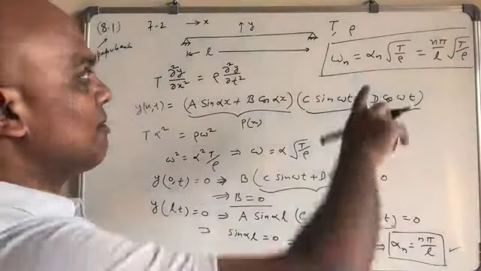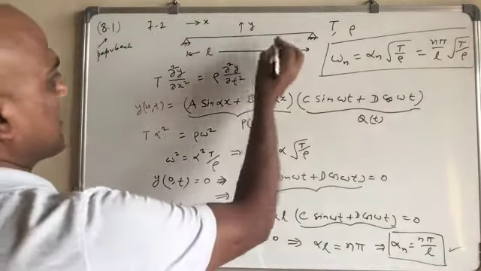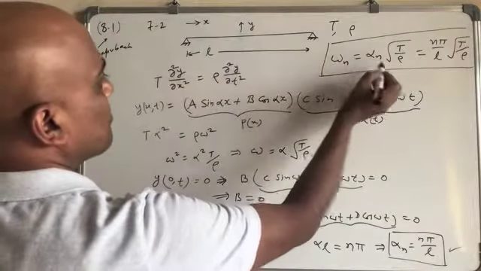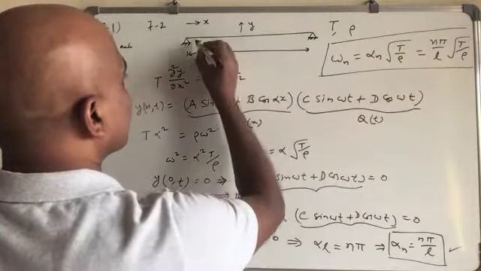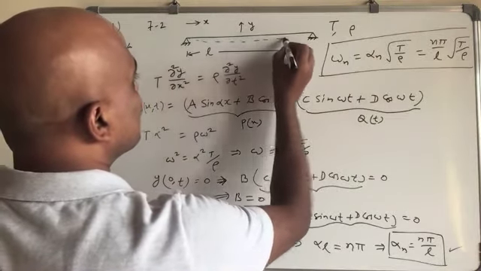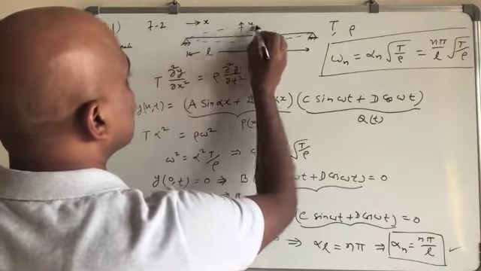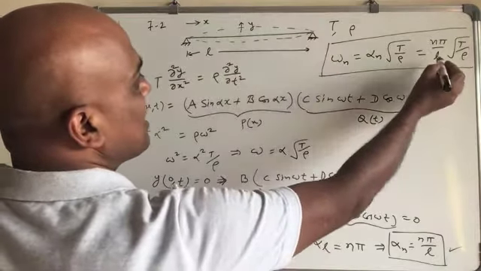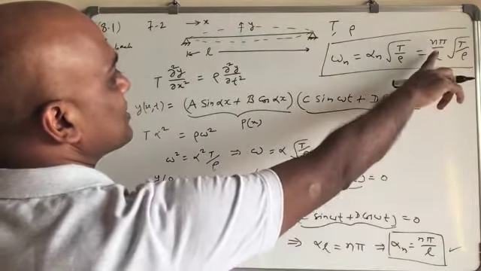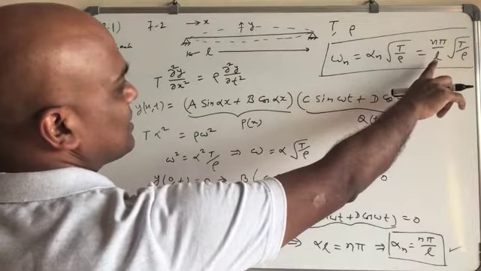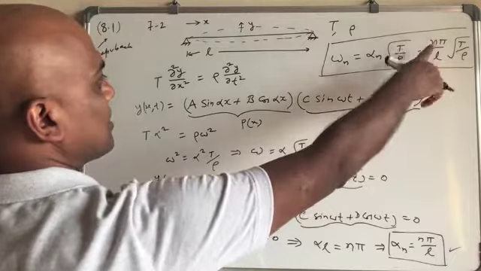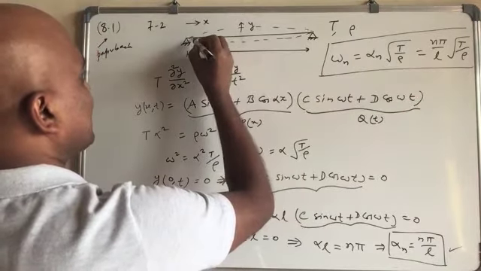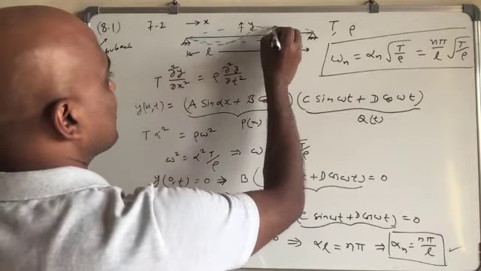So here the basic fundamental frequency will be n equal to 1. The second will be n equal to 2, so the frequency will be twice that, and the mode shape will be like this.